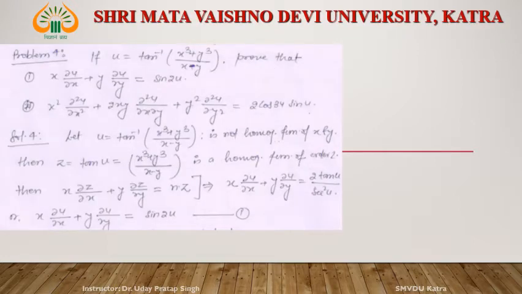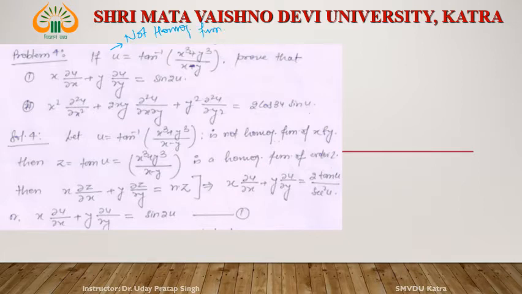Now based on this deduction formula 2, let us consider one example. If u is equal to tan inverse of (x³ + y³)/(x - y), this u is not a homogeneous function.